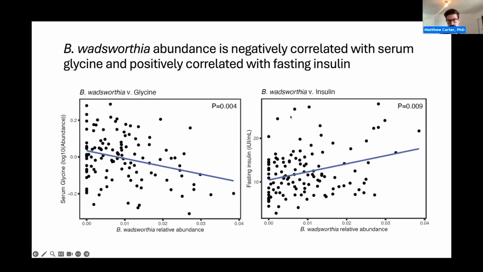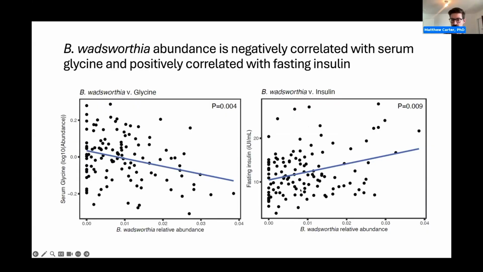And then if you layer on the finding I talked about earlier with Bilophila, where if you correlate the abundance of Bilophila wadsworthia in the microbiome with the level of glycine in circulation, you see a negative correlation. So the more Bilophila you have, the less glycine you have in circulation.